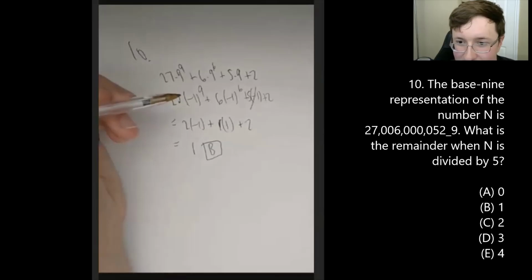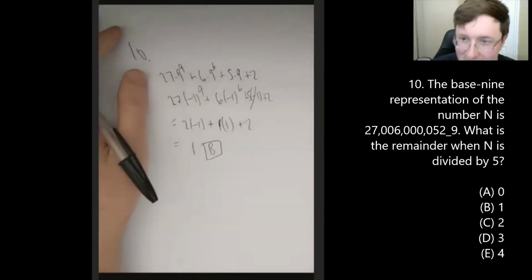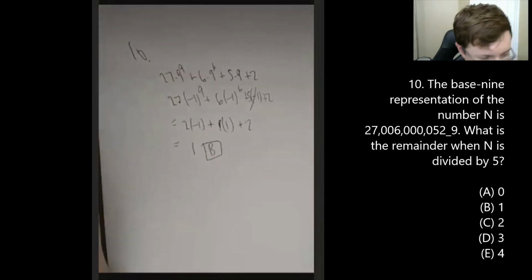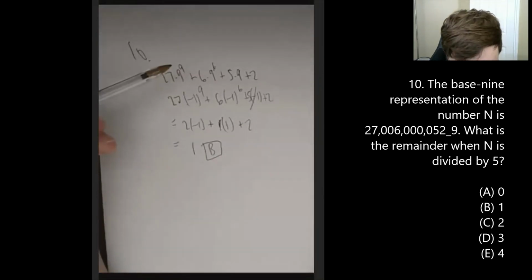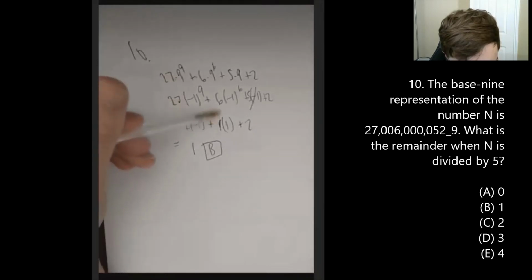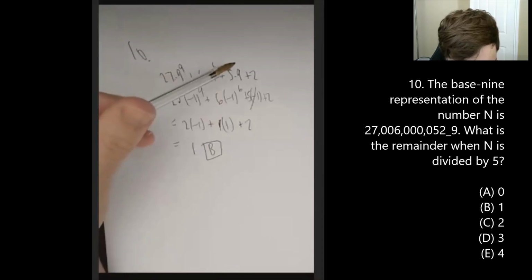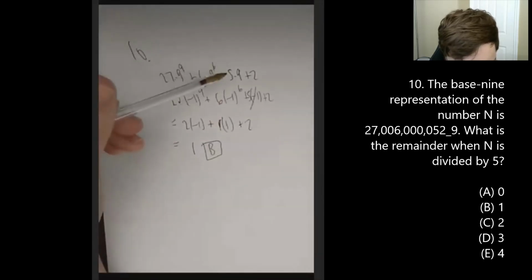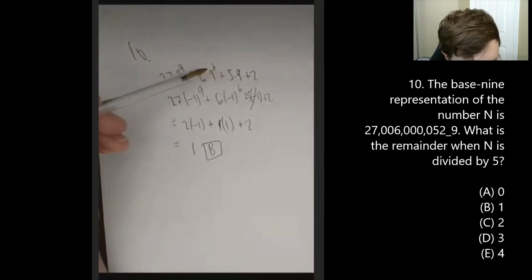Okay, wait, don't tell me. 27 times 9 to the 9. That's 2 times minus 1. Yes. Plus the 2, that goes away. The 5 goes away. And I'm left with 6 times 9 to the 6, which is 6.